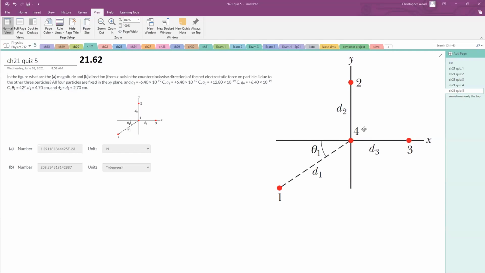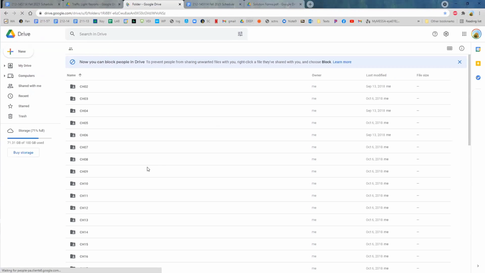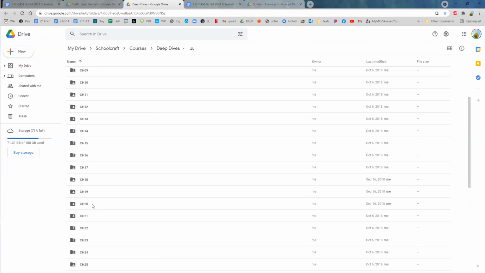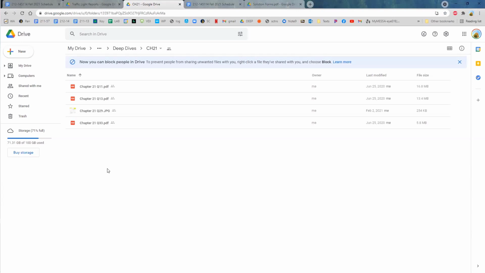So there it is. Now all of a sudden we have 2 dimensions. So we go from 1 dimension. Everything up to now has been 1 dimension, although I think there are some other 2-dimensional homework problems. And don't forget, let me just give another shameless plug for the deep dives, which you see here on the screen. And I think for chapter 21, there's quite a few deep dives.